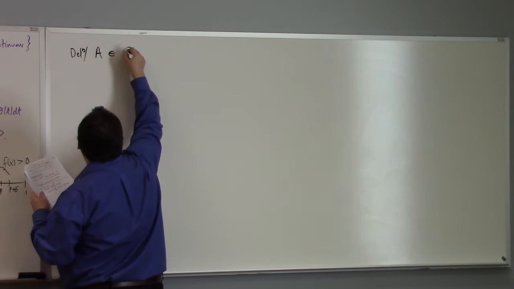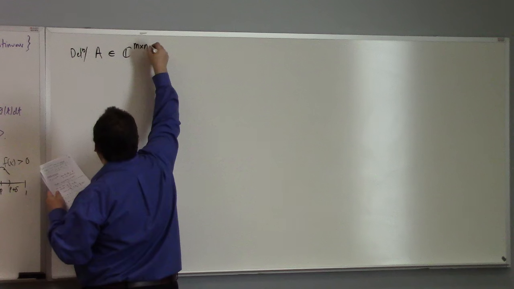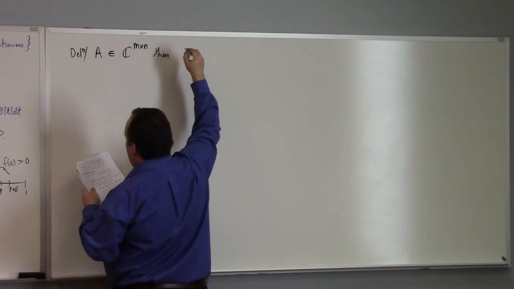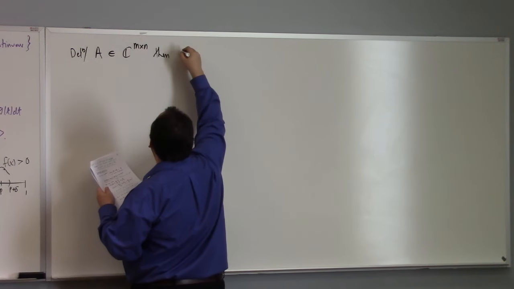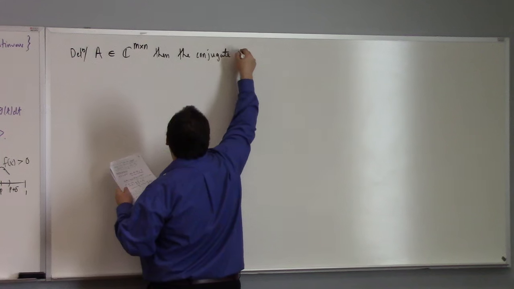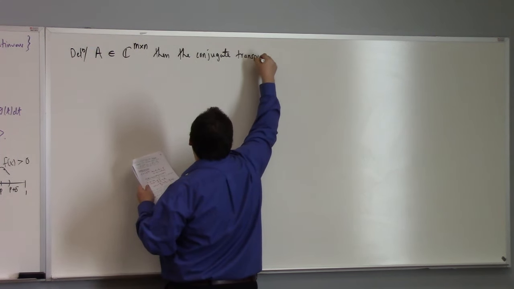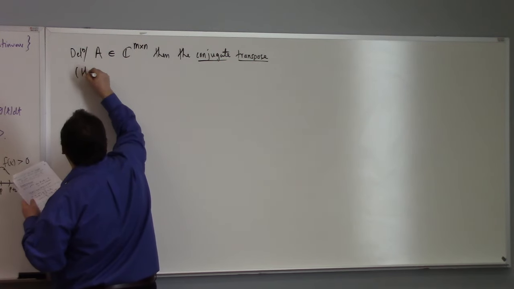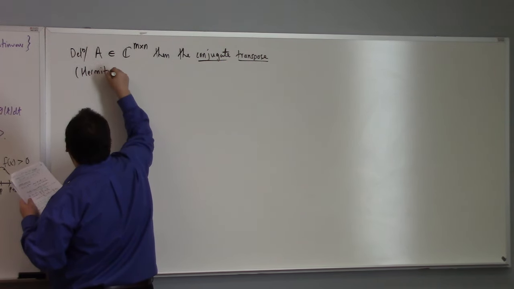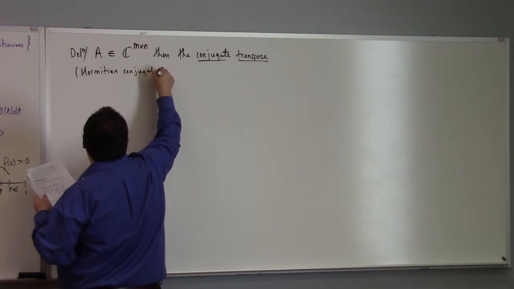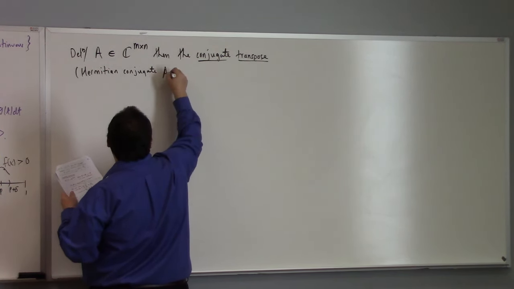For an m by n complex matrix A, the conjugate transpose, which I believe we could also call the Hermitian conjugate. In physics, the notation A dagger is used for this.